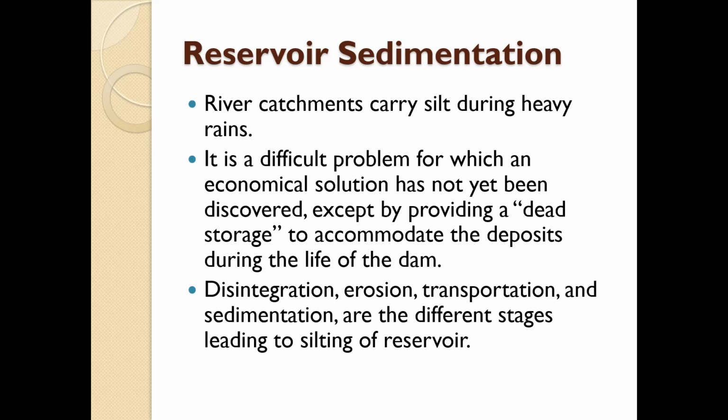The importance of this silting can be understood by considering the following example. Let the total capacity of the reservoir be 13 million cubic meters and the provision of dead storage be 6 million cubic meters. Let the average volume of sediment deposition be 0.15 million cubic meters per year.